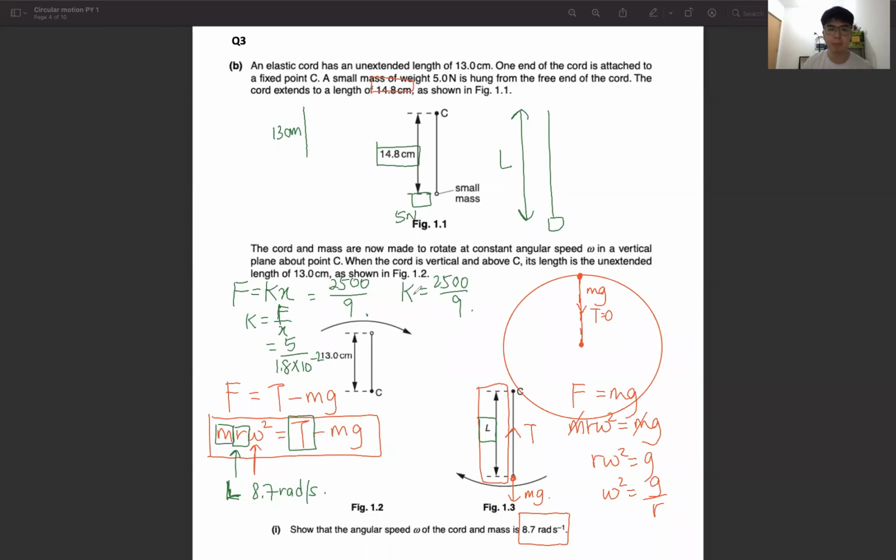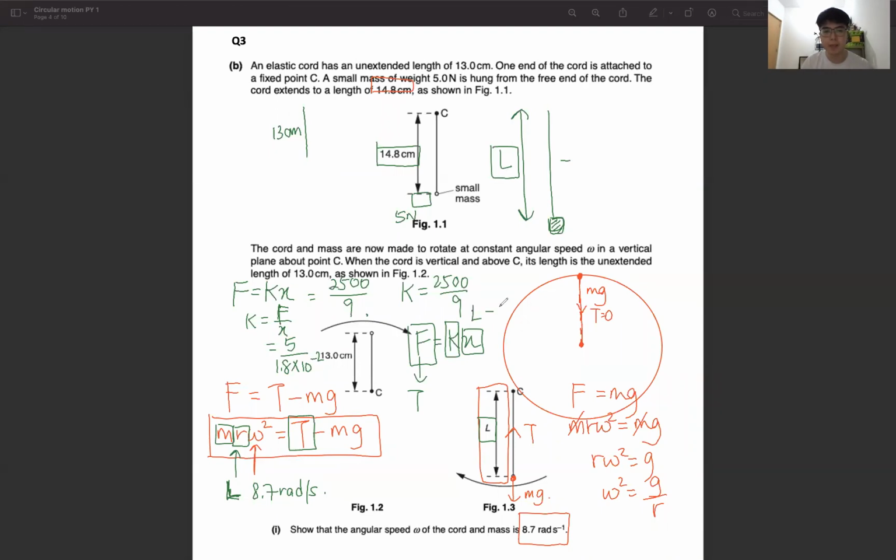Once you get the k, find the extension. So using Hooke's law again, this force is the tension pulling the string. We have k. x is the length at this position minus our original length, which is 13 cm.